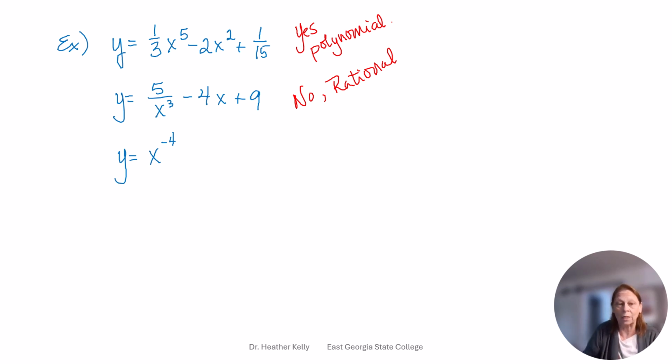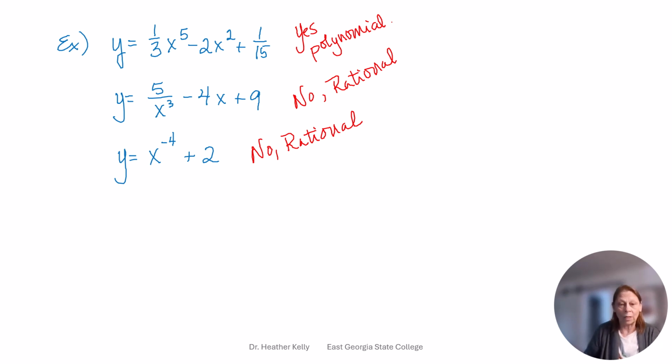Don't forget what those negative exponents mean. This is also no. It's a rational. So basically, the only thing that's going to mess this up is if the polynomial, either the entirety of a polynomial or just a term in that expression, is divided by a variable, then it's not going to be a polynomial. I think I've done a pretty decent job.